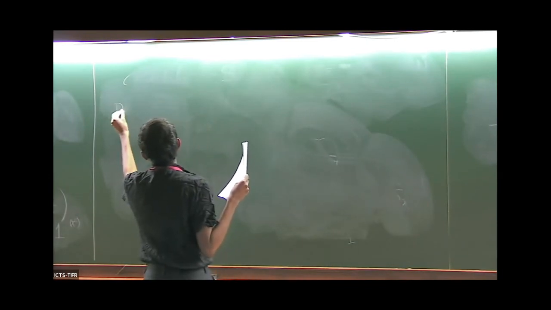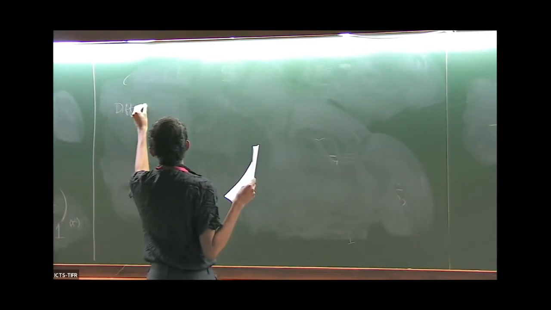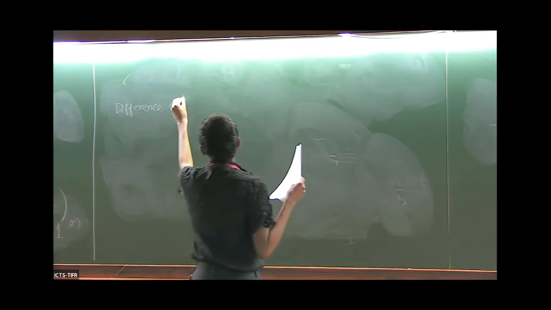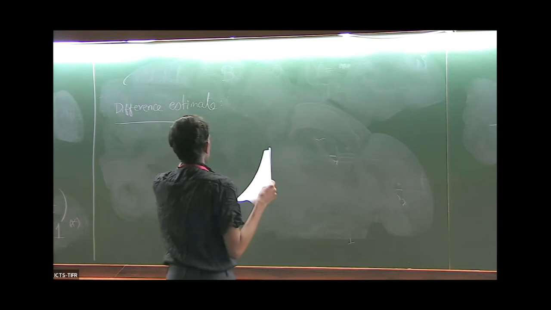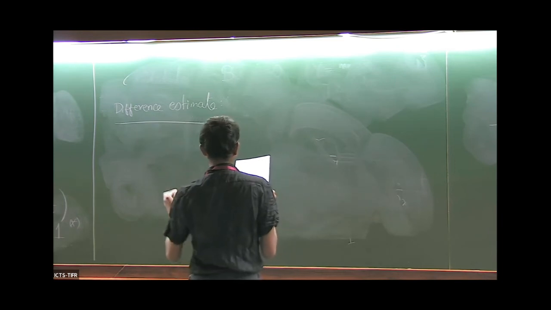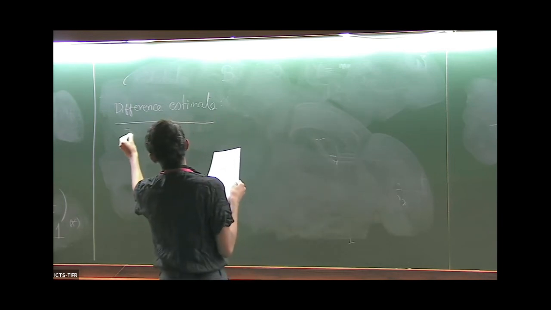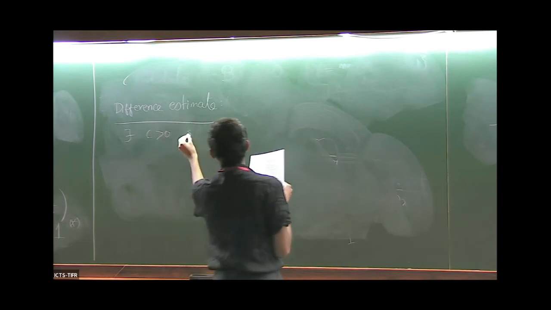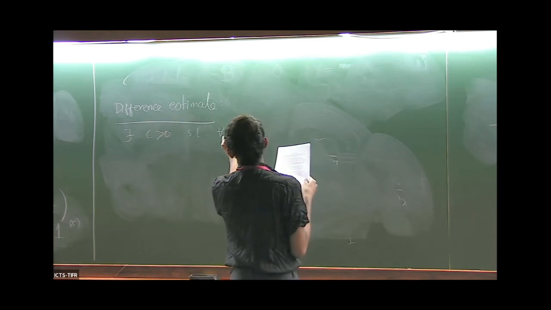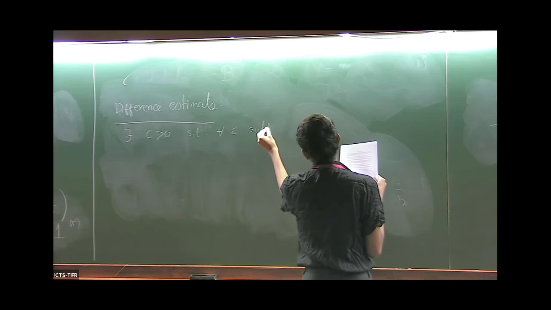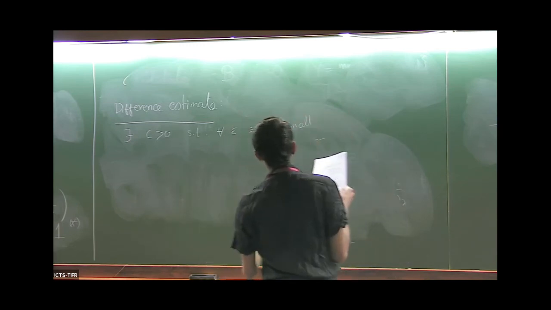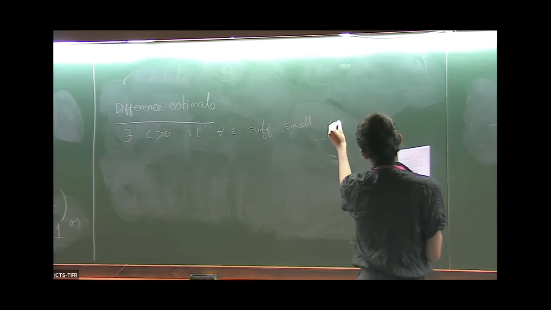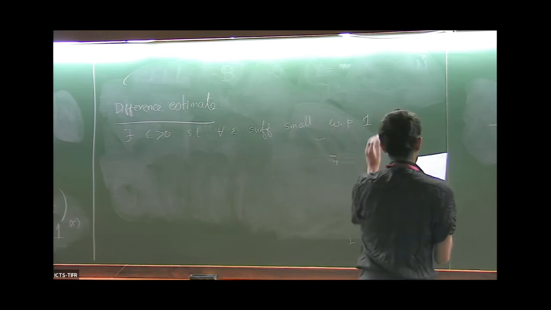It says: difference estimate. There is a c bigger than 0, such that, for epsilon sufficiently small, with probability 1.